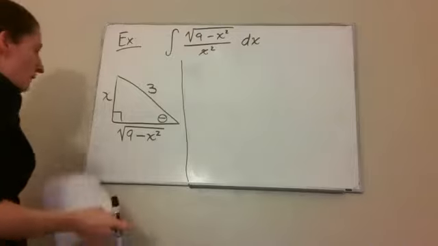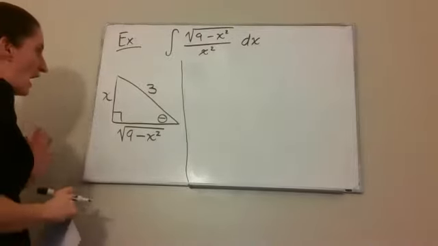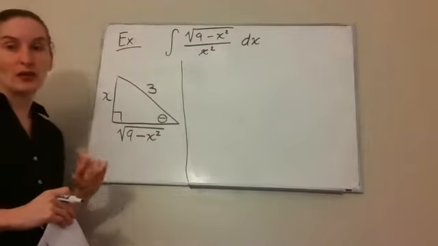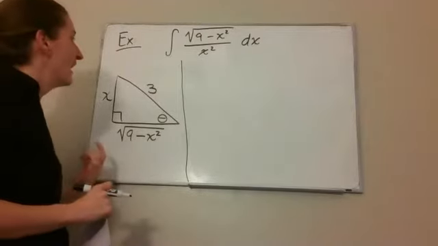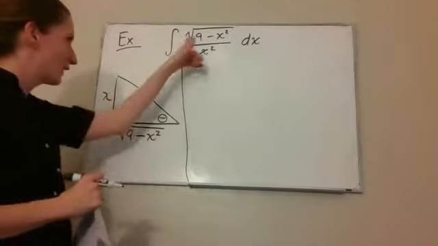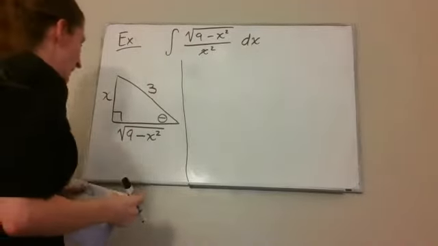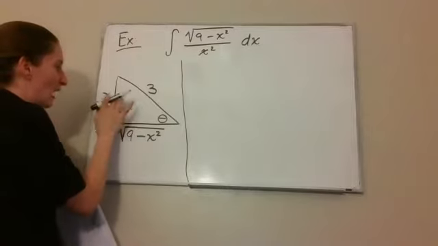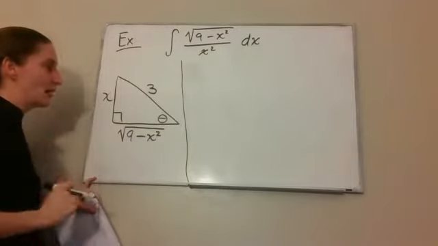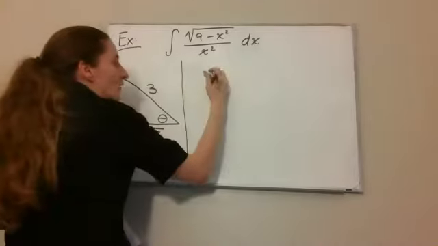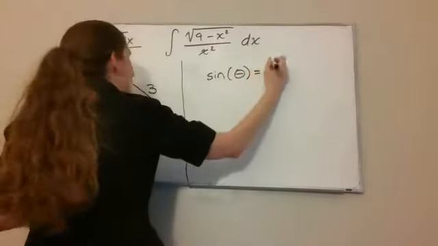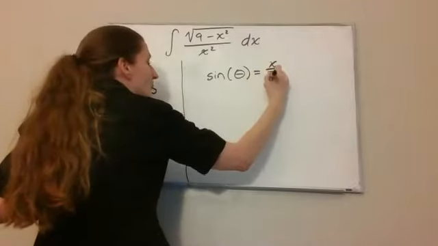So now using my right triangle trig, I want to find an expression for x, an expression for dx, and I want to find what the square root is equal to. First thing I notice is if I look at this theta here, the opposite side is x and my hypotenuse is 3. So I know that sine of theta is equal to x over 3.